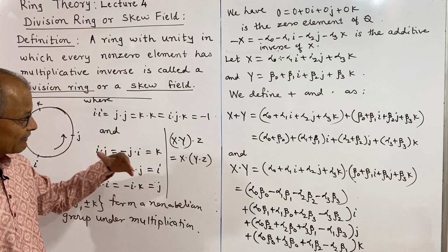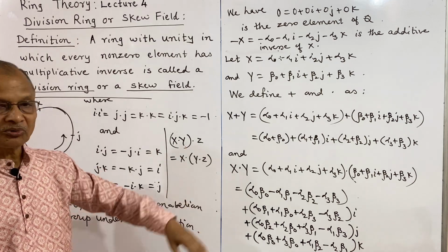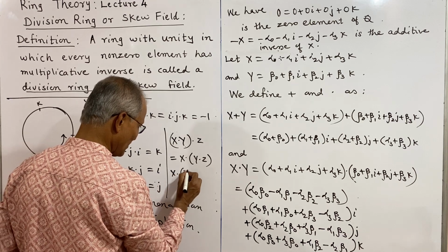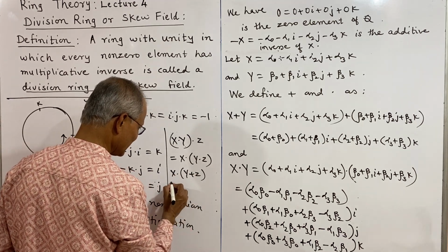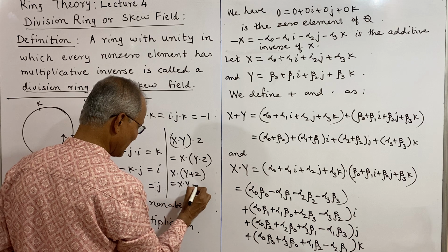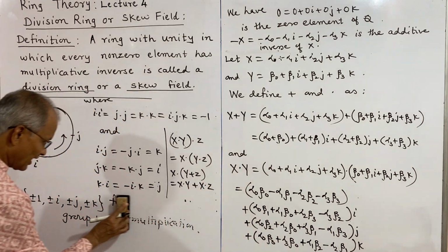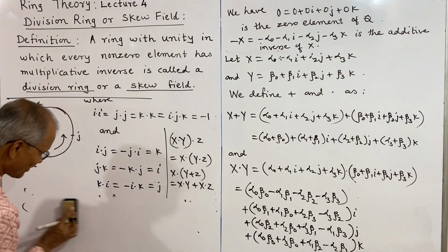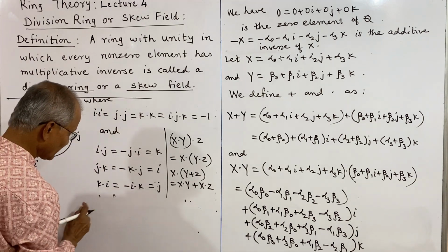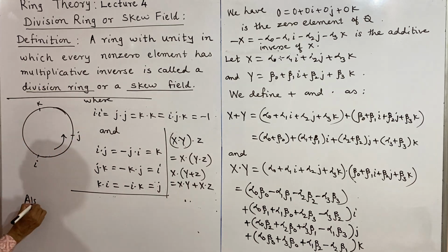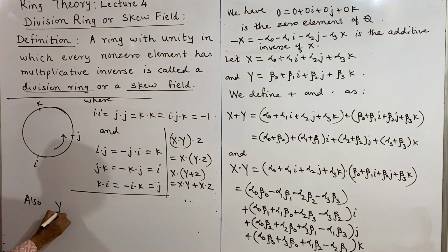Further, this multiplication is distributive over addition, and that property is x into (y plus z) is equal to x into y plus x into z, and this is the left distributive law. Also we can check this for y plus z.